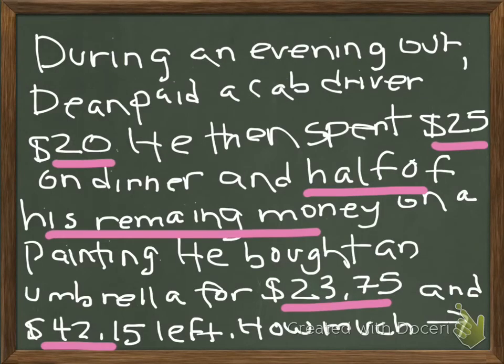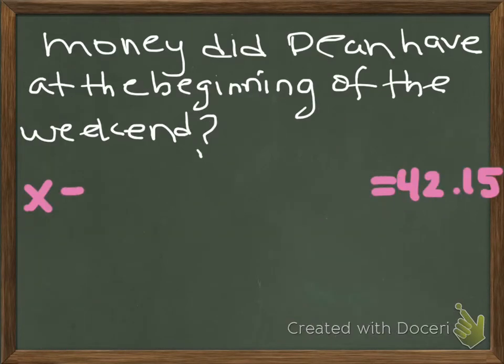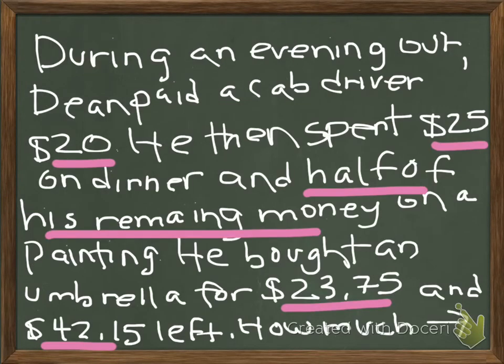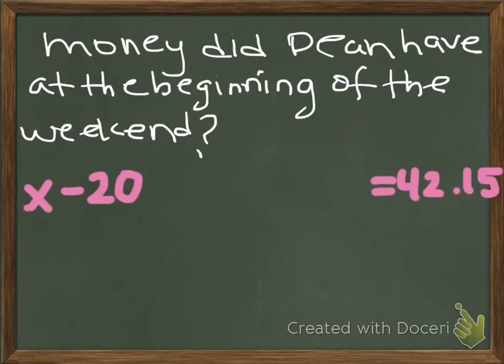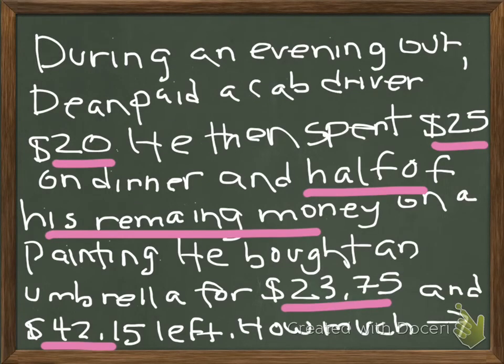If he paid the cab driver $20, we need to subtract the $20 from the beginning. And then he spent $25 on dinner. So minus 25. And then half of his remaining money on a painting.